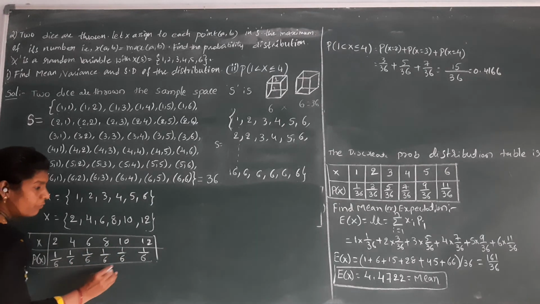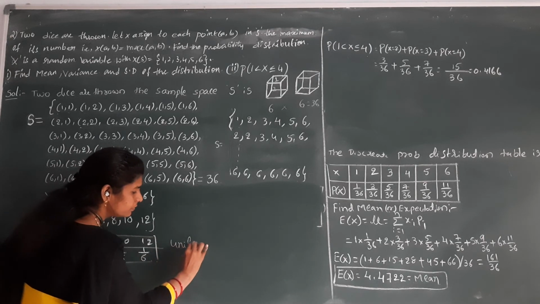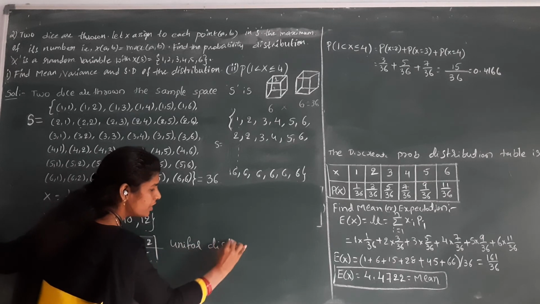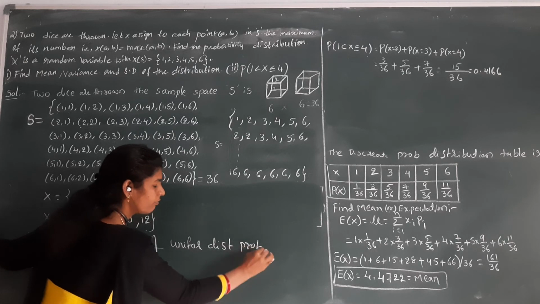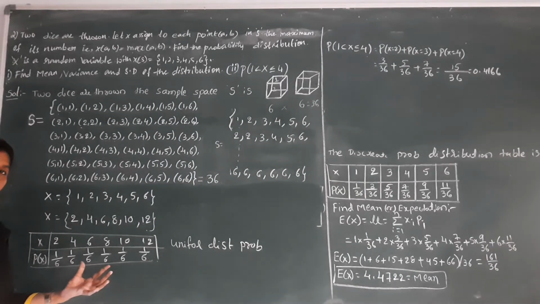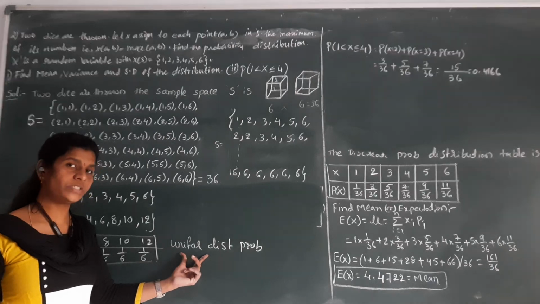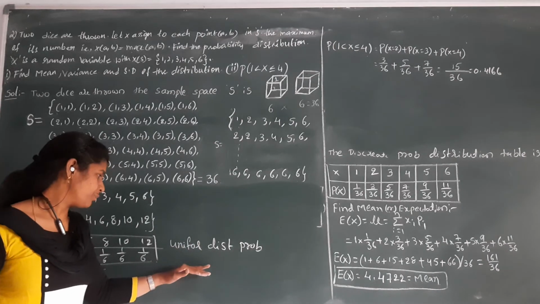So this type of probability we call a uniform distribution. We call this type of problem a uniform distribution problem. Next class we will discuss the definition of uniform distribution and problems based on it also.